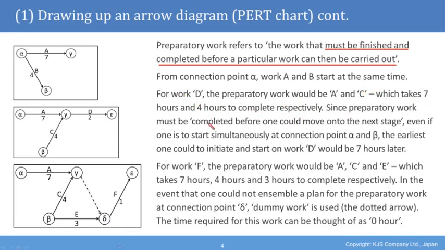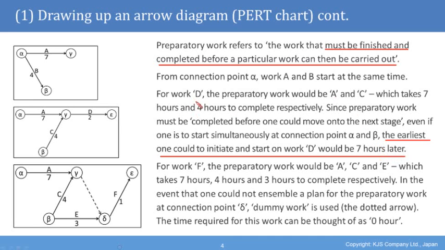Since preparatory work must be completed before one can move to the next stage, even if one is to start simultaneously at connection point alpha and beta, you can see alpha and beta here, the earliest one could do to initiate and start on work D would be 7 hours later. So just the earliest one could do would be 7 hours later.